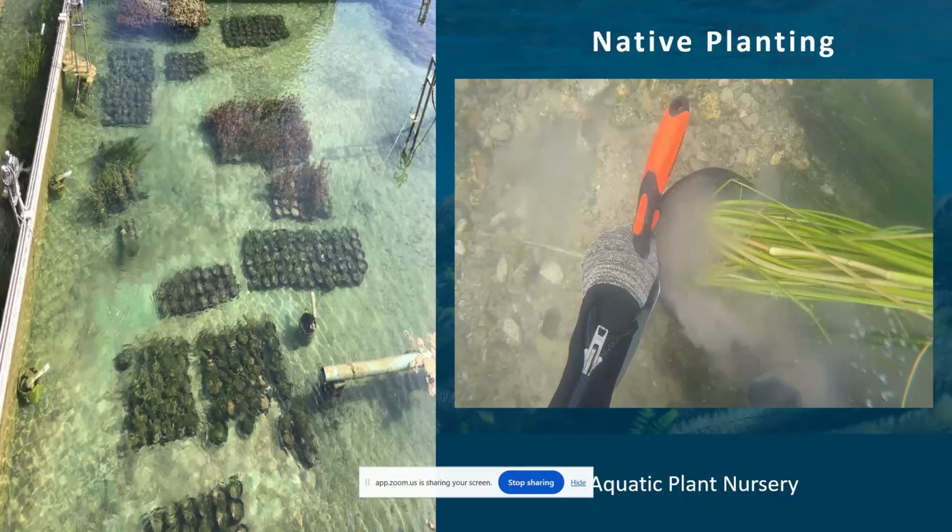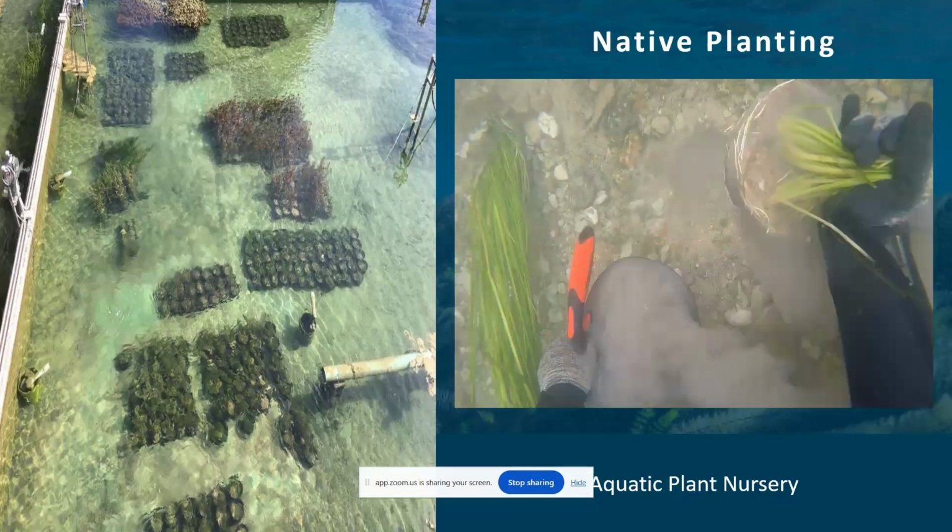At any given time, we have 400 to 4,500 pots within that nursery, and we plant cuttings and then grow those out into really high quality root structured plants that are going to be resistant to dieback once we plant them in the river.